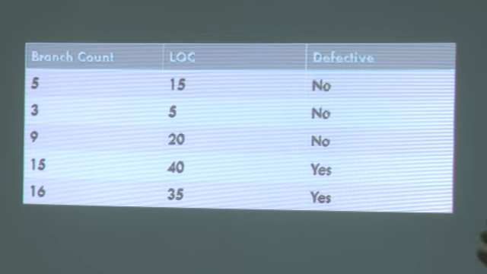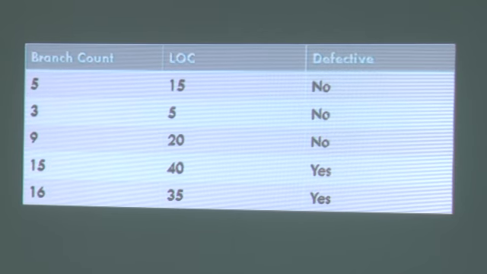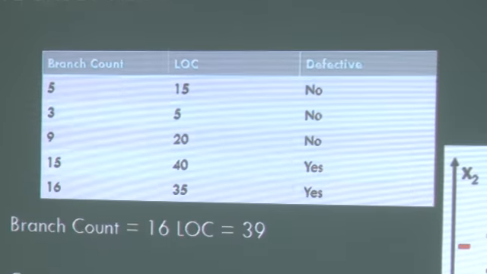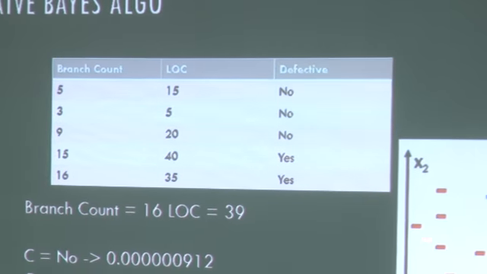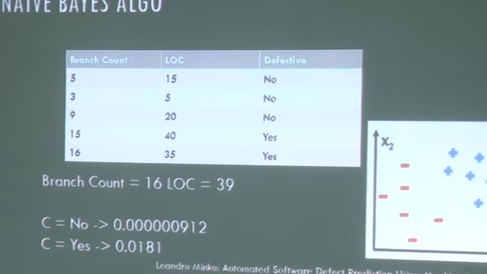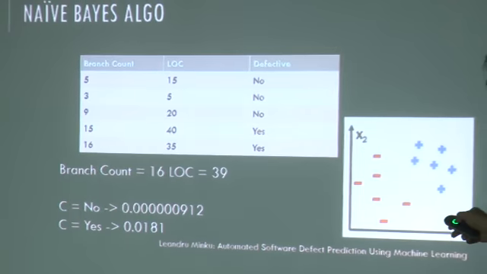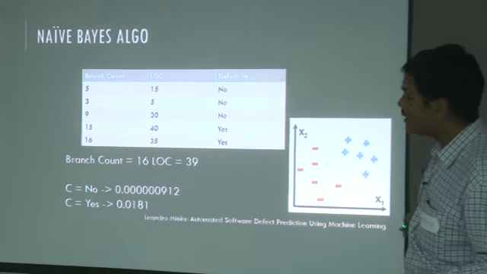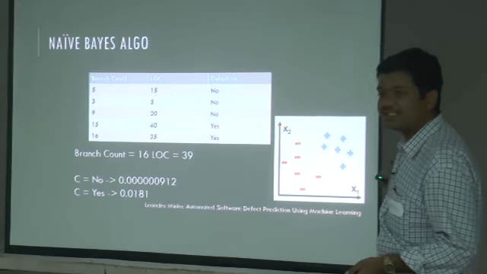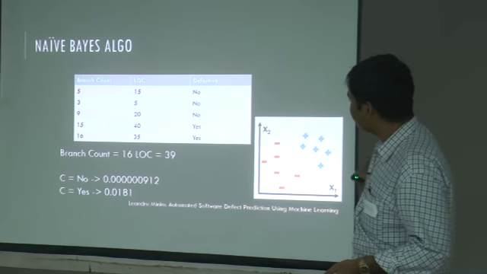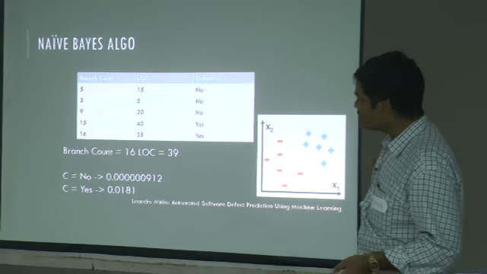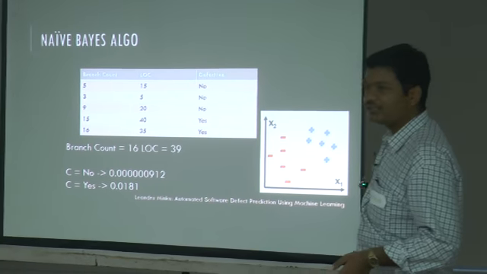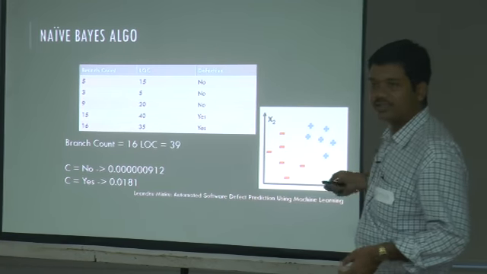Now when we apply the classification technique that we saw in the previous example, we looked at this graph and plotted this. Now it's easy for us: we looked at the branch count, maybe let's take that as x1, and then the number of lines of code as x2, and then we plotted whether it's defective or not. So all these red ones are probably not defective and the blue ones are defective, let's say.